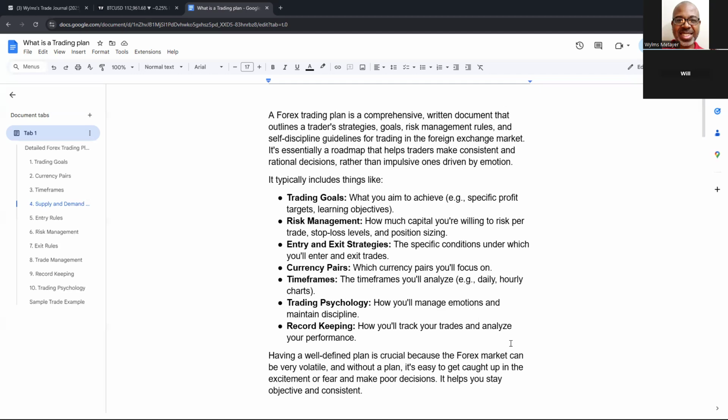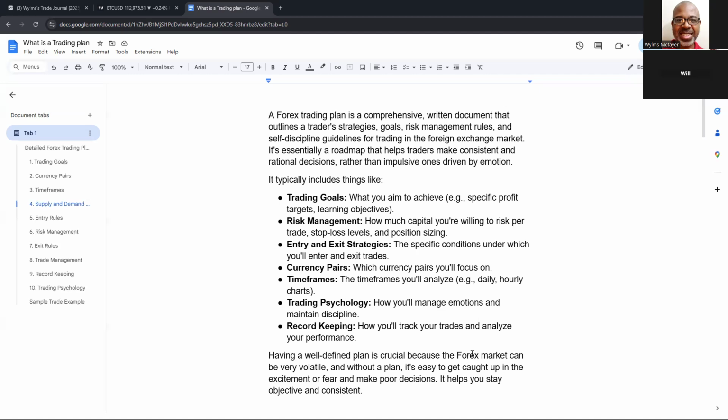Okay. And then we talked about entries and exits, currency pairs, time frames, trading psychology, and a lot of great books on trading consolidation that you should read. That way you can maintain and train your emotions to not be frightened of the market. Eliminate impulse. Eliminate FOMO, fear of taking action.